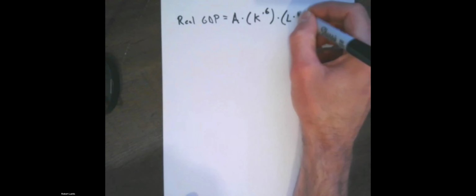If we're thinking about that first part, we've got this real GDP function, and it's our total factor productivity times K. Make sure I have these values corresponding to the question. Okay, so K to the 0.6 times L times H to the 0.3.